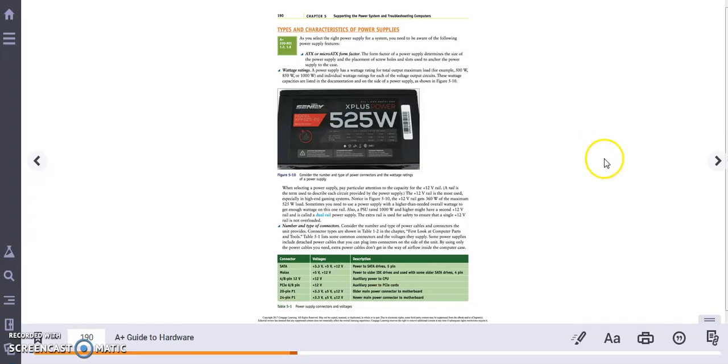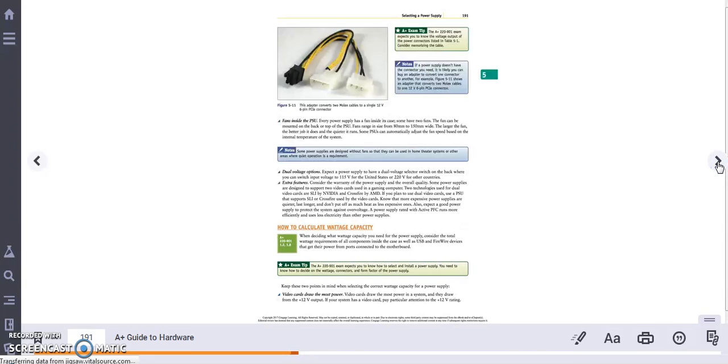In this part of the chapter, we're going to talk about the types and the characteristics of power supplies, and types of connectors. If you run out of connectors, you can get these splitters. Then, how to calculate the wattage capacity.